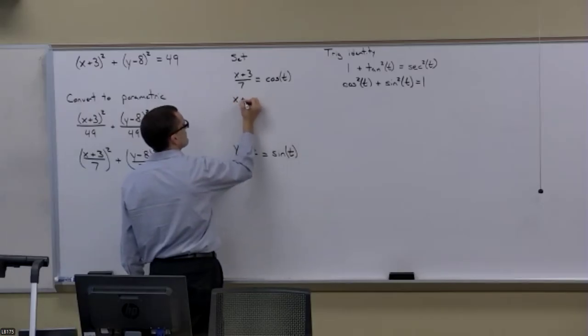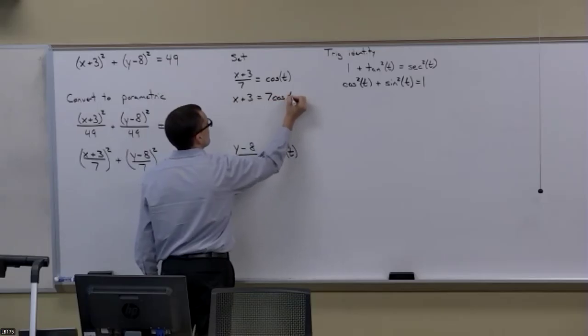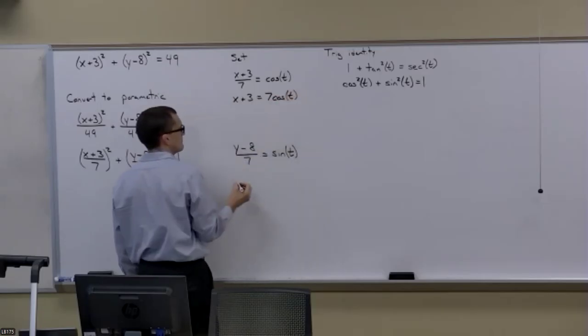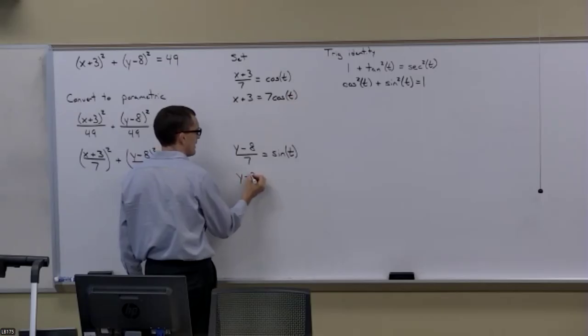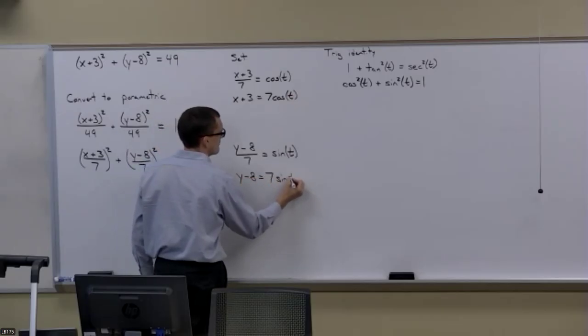We'll get x plus 3 equals 7 times cosine of t, and y minus 8 equals 7 times sine of t.